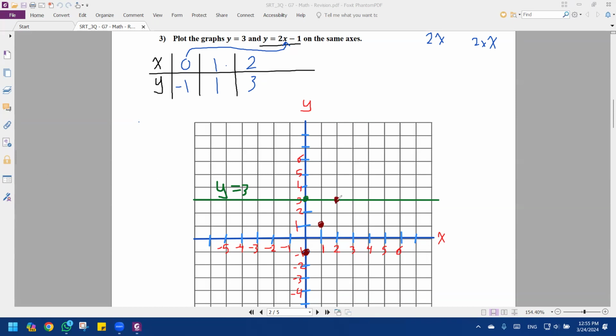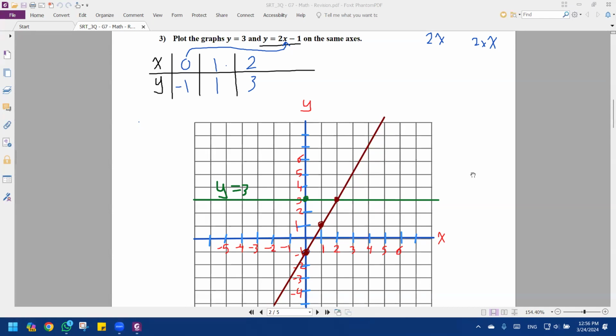It's here. So now we got those 3 points. Now I can draw the line. It should pass through all the points, and we can extend it. Something like this.